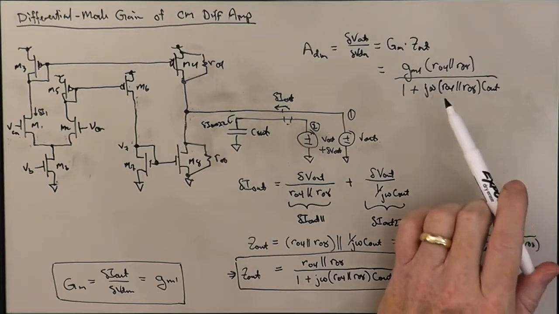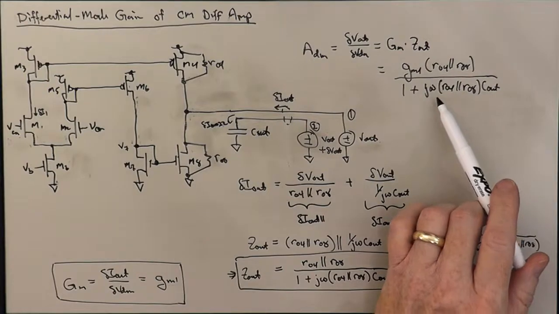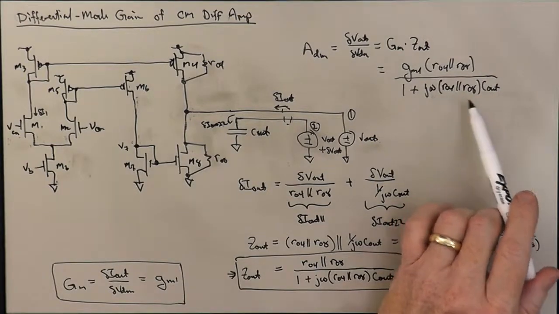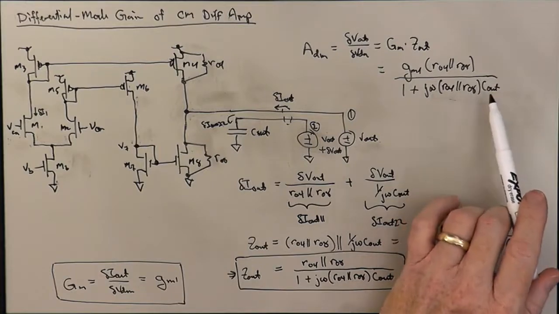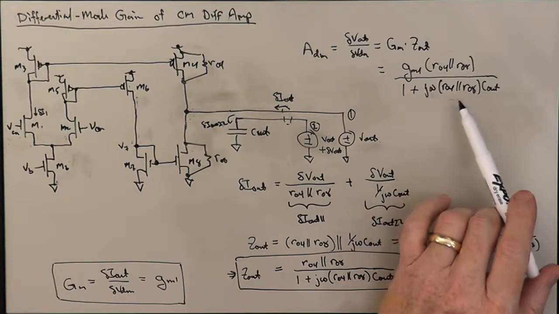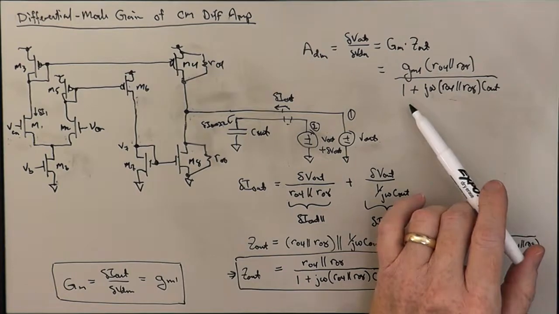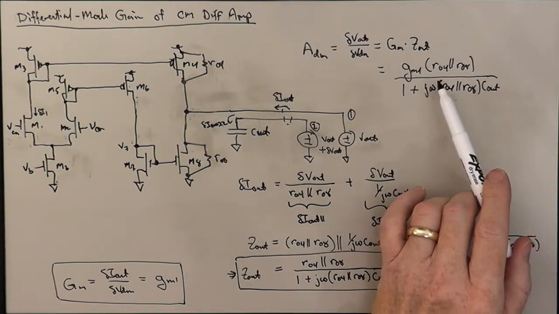If we consider this now, which is a function of frequency, for low frequencies, i.e. for omega much less than this time constant, which is R04 parallel R08 times C out, the magnitude of this imaginary part in the denominator is going to be very small compared to 1, and we can neglect it. And at low frequencies, we're back down to where this reduces down to the differential mode gain that we started out with. We didn't have the capacitor there.